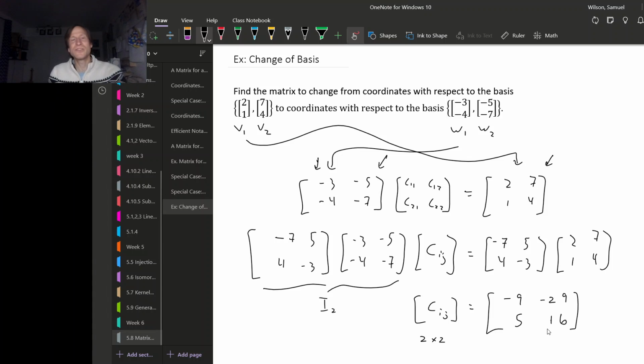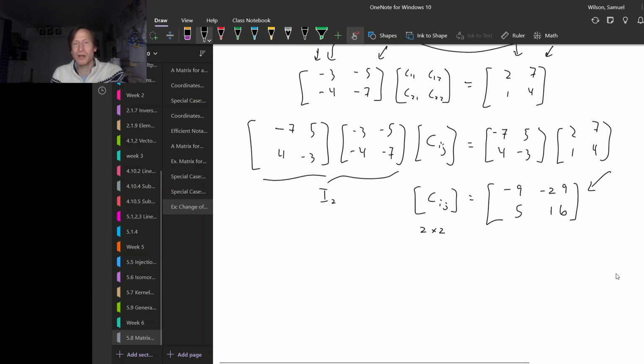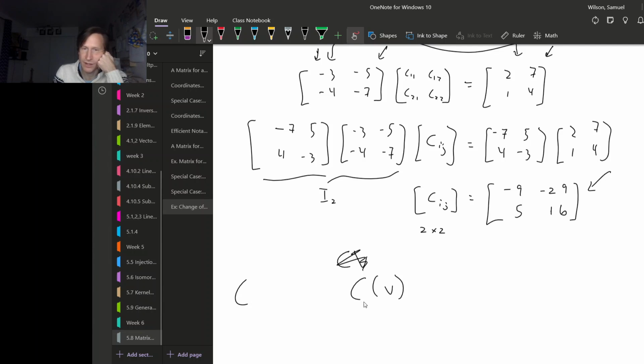All right, so what does this matrix actually do? Well, remember what this matrix does is if we have the coordinates for a vector relative to the first basis, to produce the coordinates relative to the second basis, we just multiply by this matrix, right?